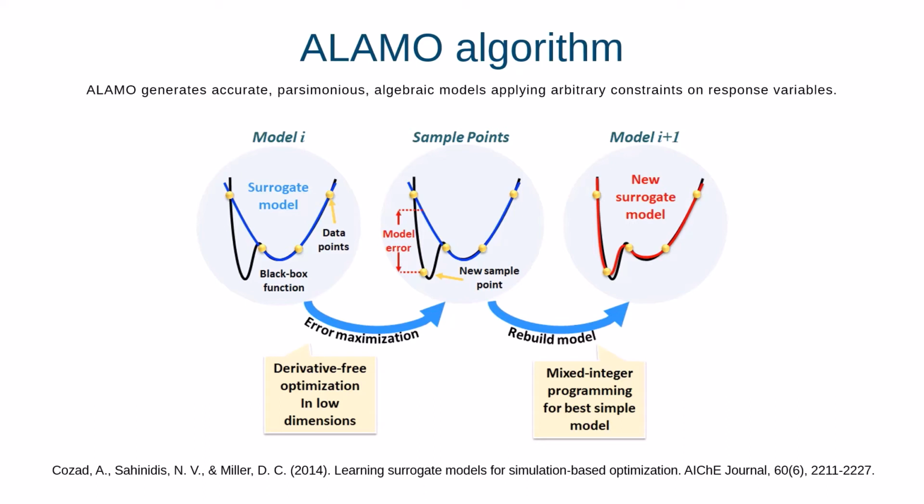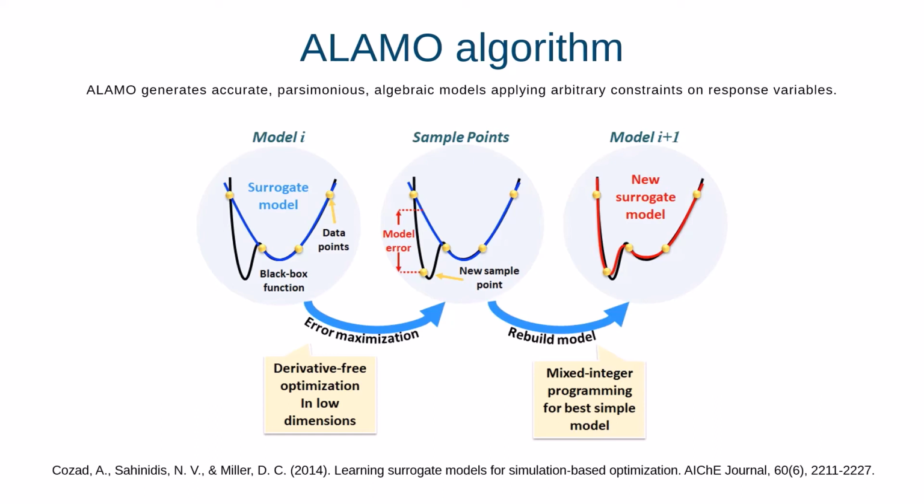However, if it is possible to query the system and generate more data points, Alamo will utilize its smart adaptive sampling technique. Adaptive sampling recommends optimal sampling points where maximum new information will be discovered to update Model I. This is done using derivative-free optimization methods under the hood, which perform very well in low dimensions.